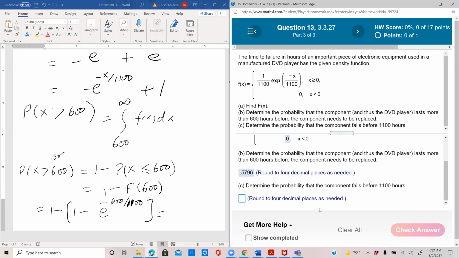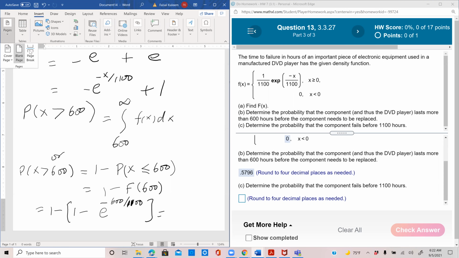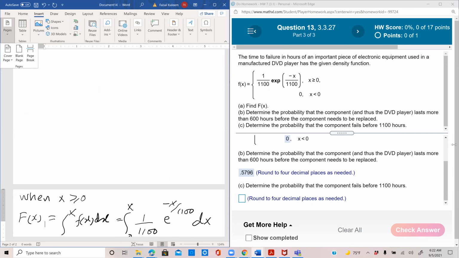Okay, determine the probability that the component fails before 1100 hours. Let's do that. So before 1100 would be probability x less than 1100.